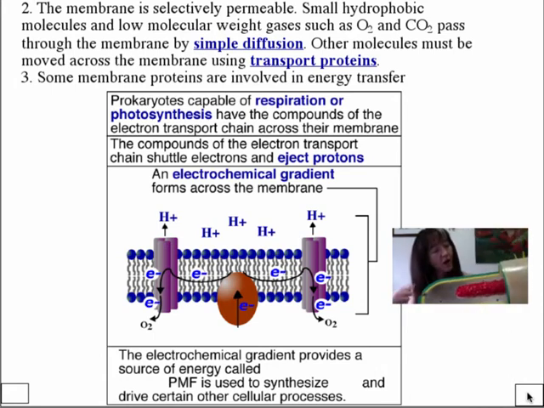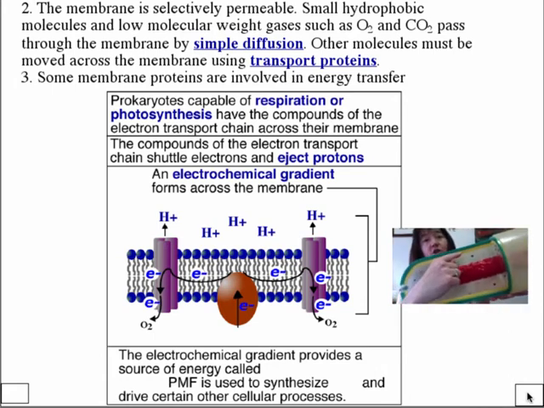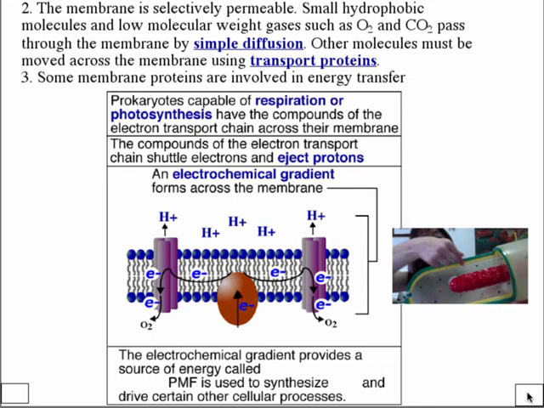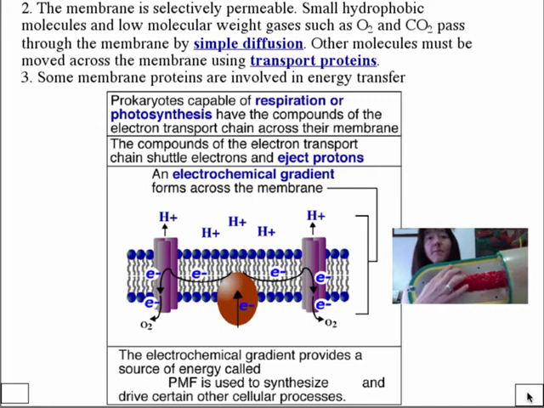Across the membrane, which is shown in yellow right here, across Norbert's membrane, we'll say that there are integral membrane proteins spanning that. As the electrons pass through those integral membrane proteins, the energy released from that pumps protons. So out here, outside of the cell, we begin to see the establishment of a gradient.